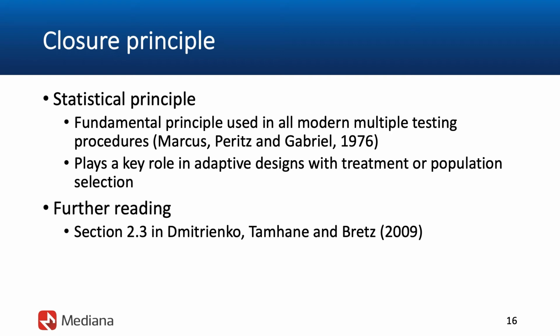In a multi-population setting, a statistically significant effect could be potentially claimed in any of the multiple patient populations, in the overall population of patients, or in any of the predefined subsets of that population, which means that we have to deal with multiple shots on goal. And in this case, we will have to rely on the closure principle to ensure alpha control.